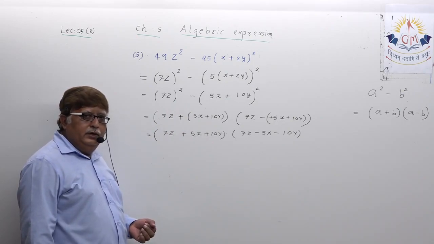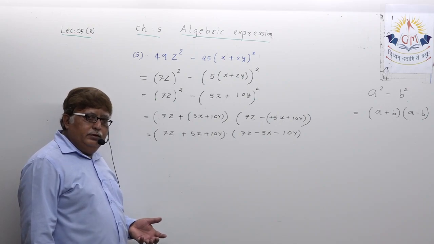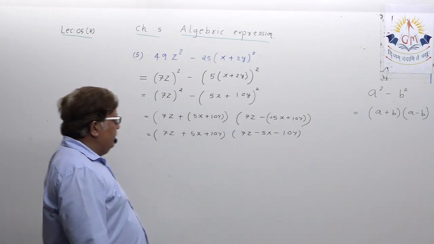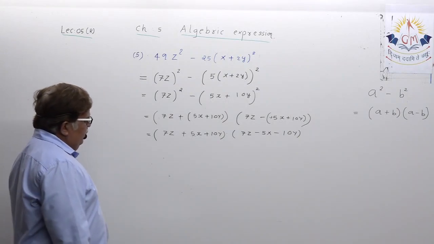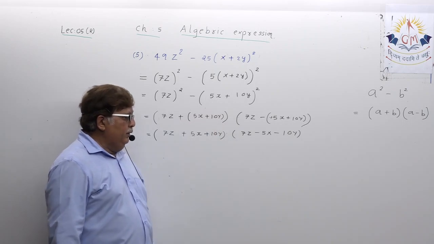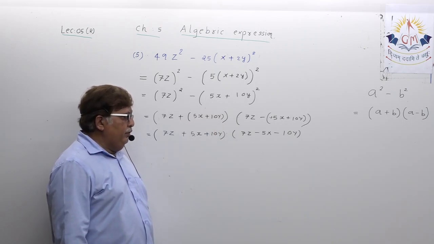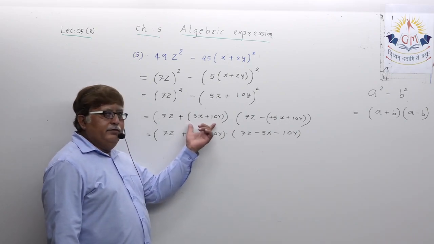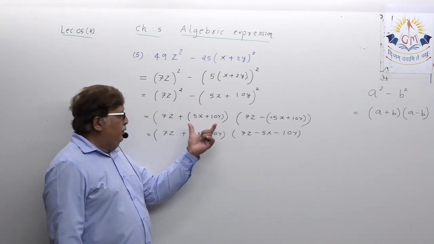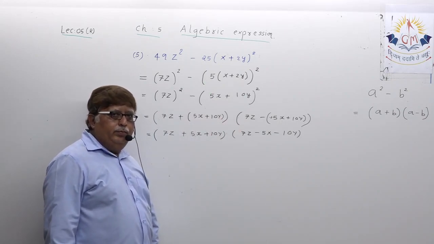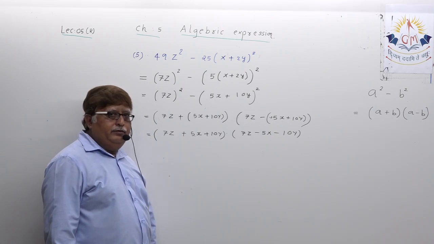That is what we never want in revision lectures. Understood? Here you have to be very conscious, dear student. No sign mistake should occur. And that's why as a precautionary step, we write in bracket and then we open the bracket. You understood this?